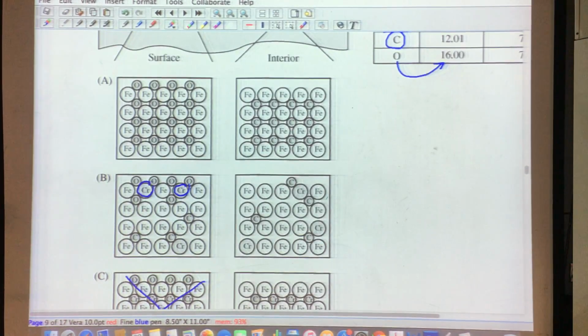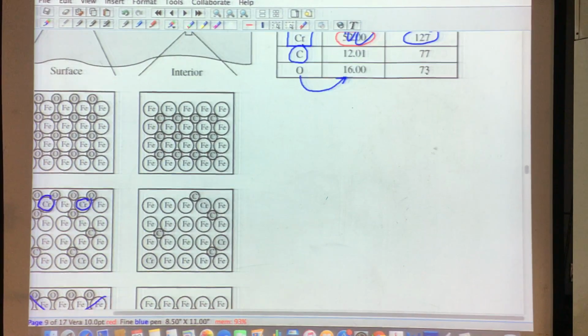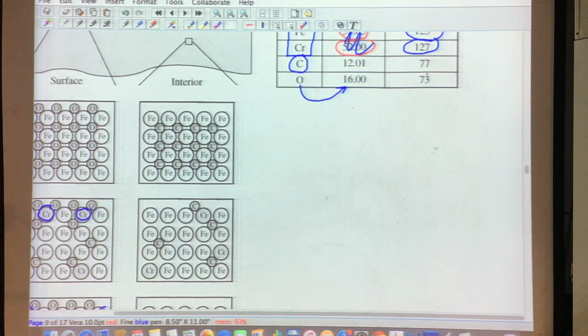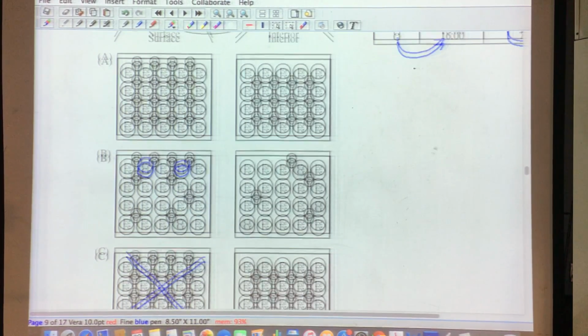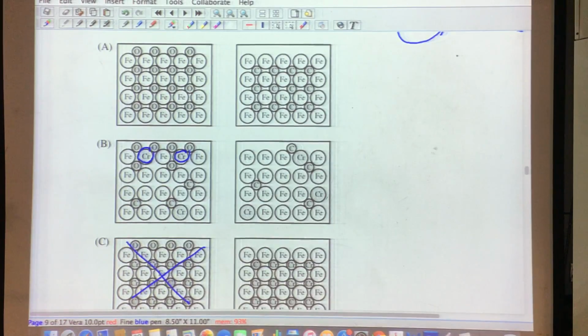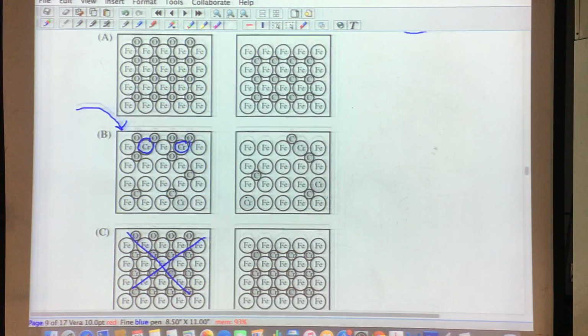And notice oxygen has a very small radius, very similar to the radius of the carbon. So the oxygen will get in the crystal a little bit, but it's only going to be at the surface. It makes a protective layer. There's going to be no oxides inside the compound because the oxygen can't get there.